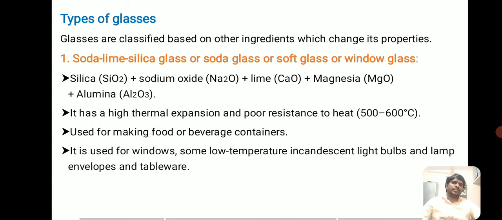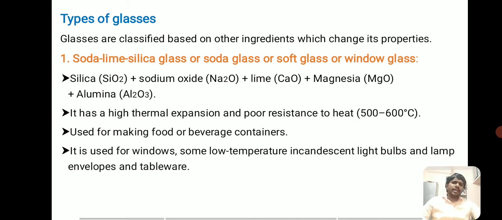Coming to the types of glasses, these are classified based on other ingredients which change its properties. First one is soda lime silica glass or soda glass, which can also be called soft or window glass. The raw materials used in the preparation of this soda glass are silicon dioxide, that is silica, SiO2, sodium oxide, calcium oxide, magnesia, and alumina, that is Al2O3.